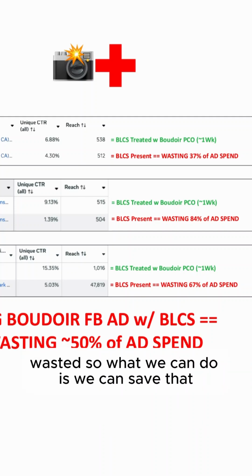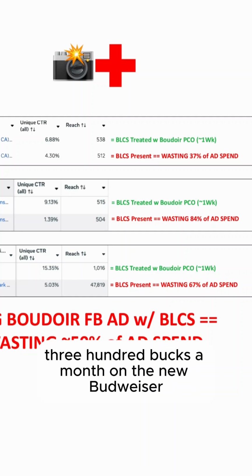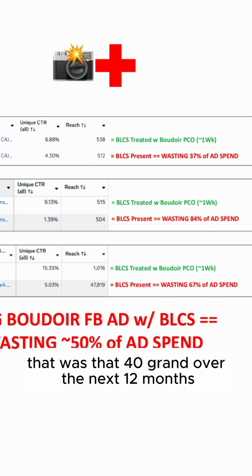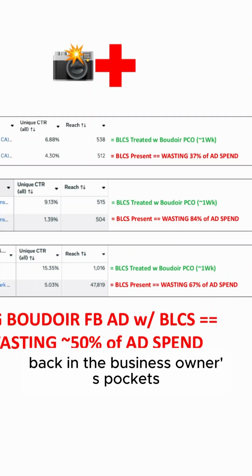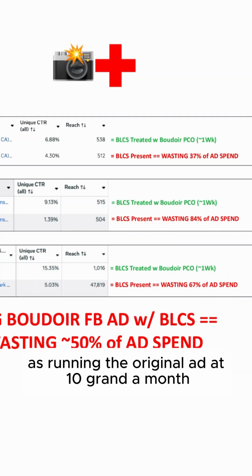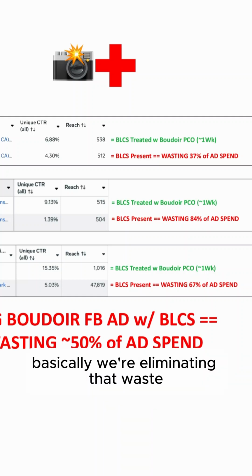So what we can do is eliminate that wasted ad spend and only spend 6,300 bucks a month on the new Boudoir Pico treated ads. So pocket that, what's that, 40 grand over the next 12 months, kind of phantom profit back in the business owner's pockets. And that will get our ad into the same number of women's brains as running the original ad at 10 grand a month.